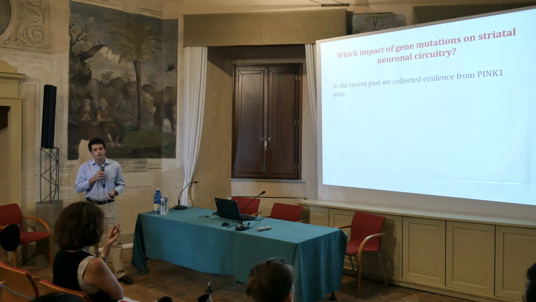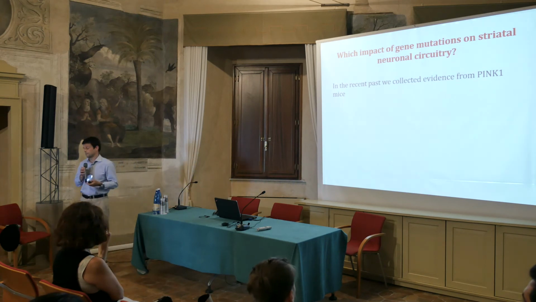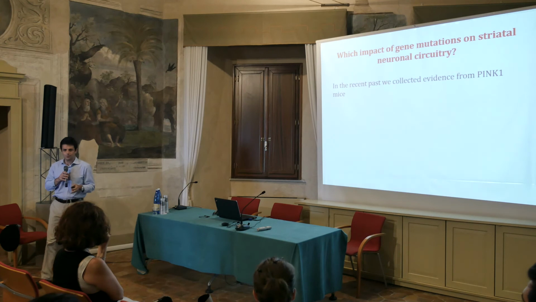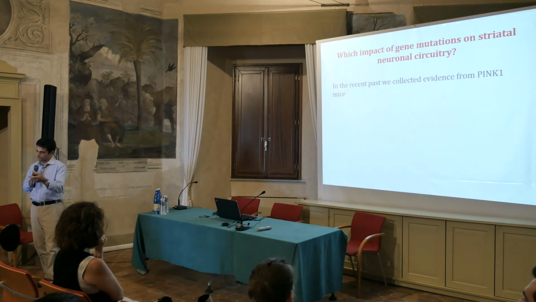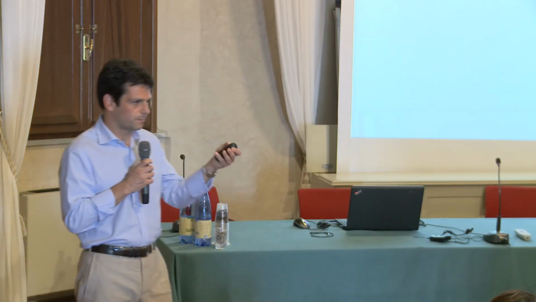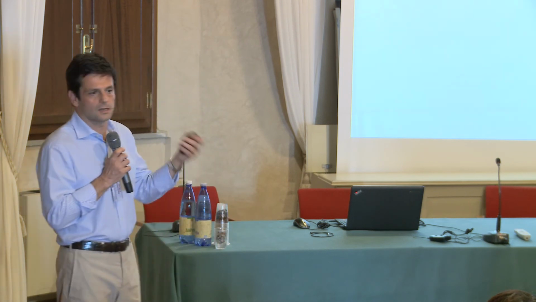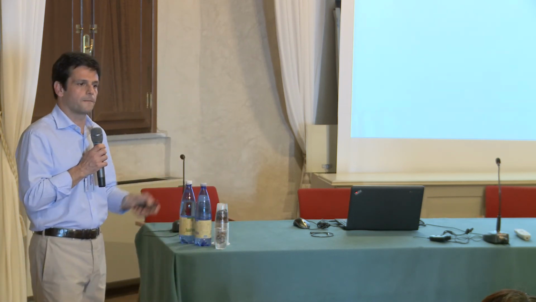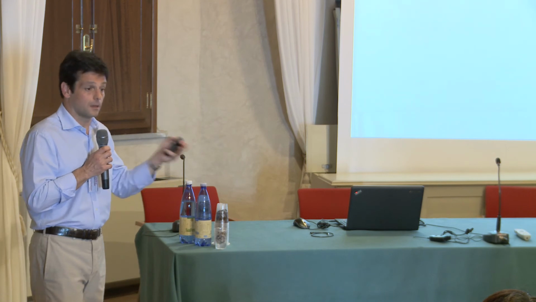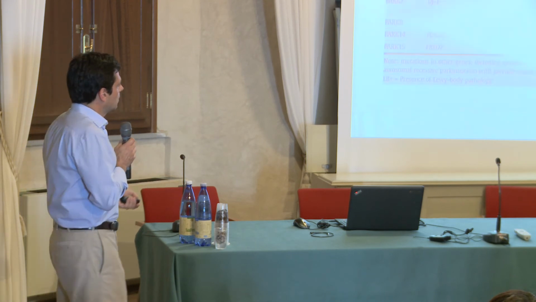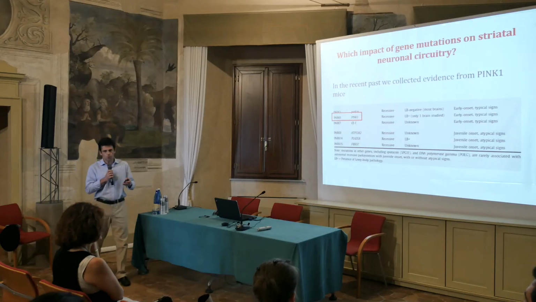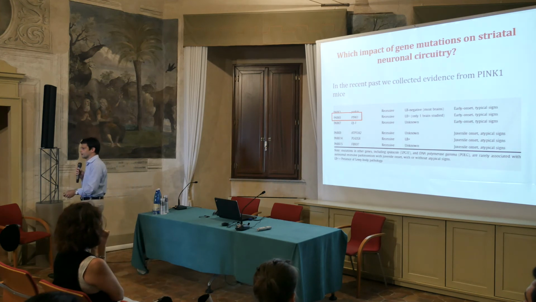So in the recent past, now it's quite a long time, we collected evidence, and our readout, as I said, is an electrophysiological approach with plasticity experiments in the striatum. We studied several models like DJ1, Parkin, and Pink1. More recently, we focused on Pink1.